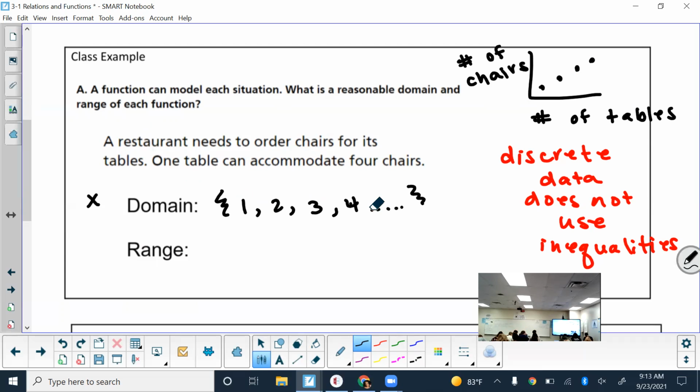Does that make sense? Sorry, I made a mistake. We don't use inequalities for discrete data. For domain, it might also say all positive integers. So you can just write that in there too, in case that pops up on the test.